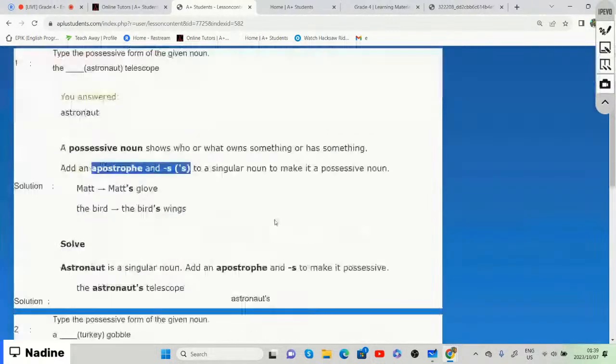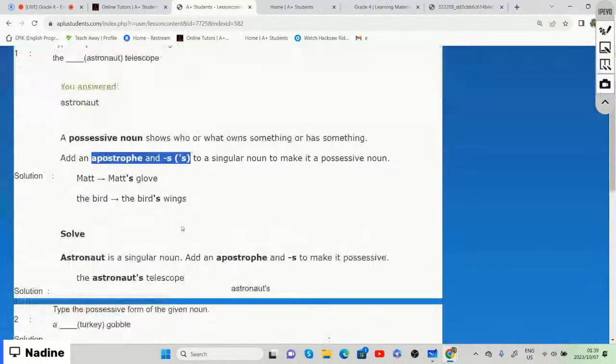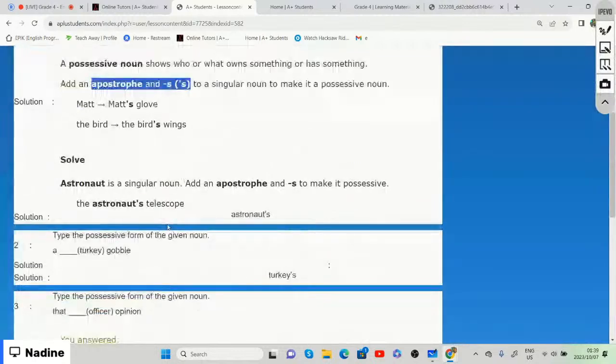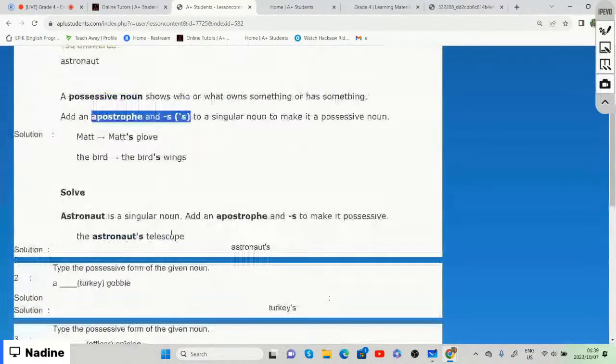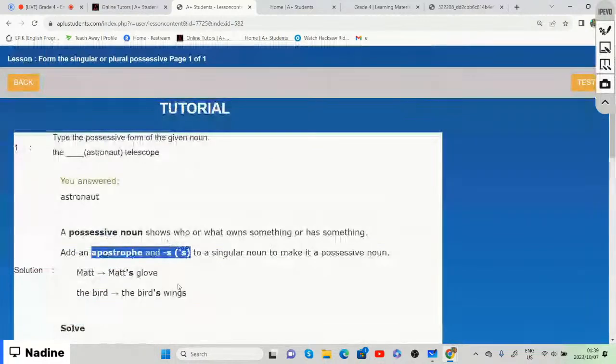And we made an example of Matt's gloves and the bird's wings. That refers to it being a singular possessive noun. So now, if we look at the word, it says you need to type the possessive form of the given word.